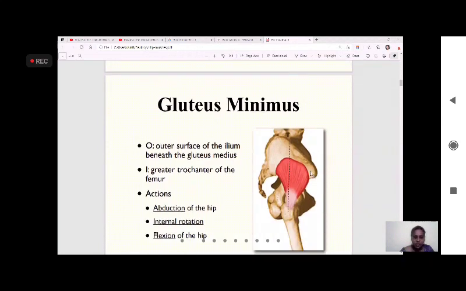Gluteus minimus is the deepest. The first layer is gluteus maximus, next is the gluteus medius, and the third one is the gluteus minimus, which helps in the abduction as well as the internal rotation and flexion of the hip. Next slide, please.